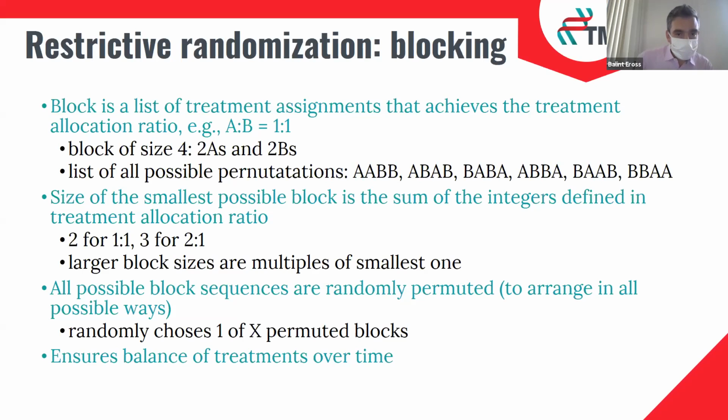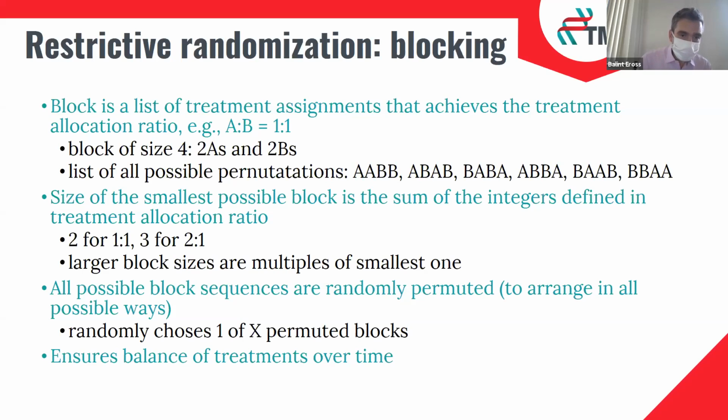So if you want to achieve a 1-to-1 allocation ratio for treatment A and treatment B, you can use a block of size 4, 2 A's and 2 B's, and you can list all possible permutations like AABB, ABAB, and so on.